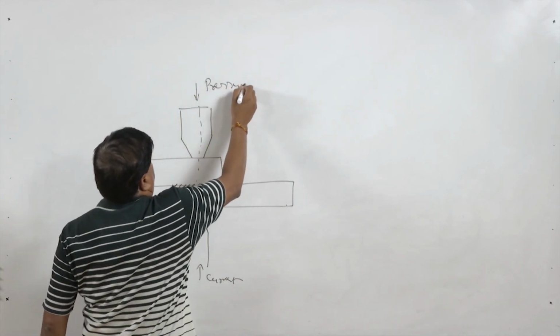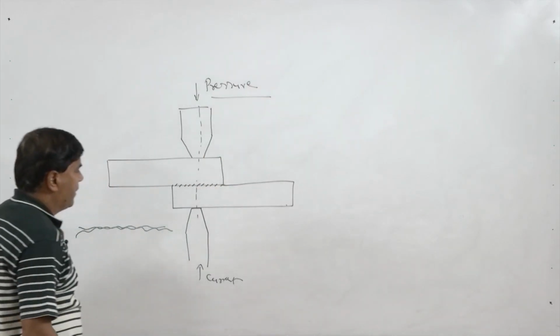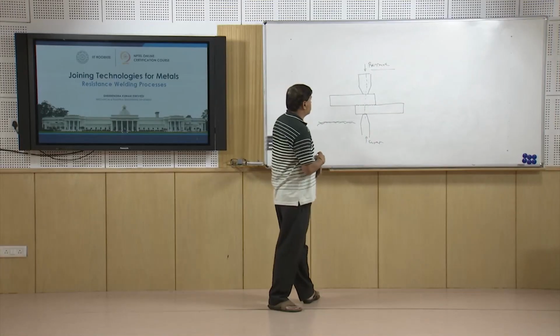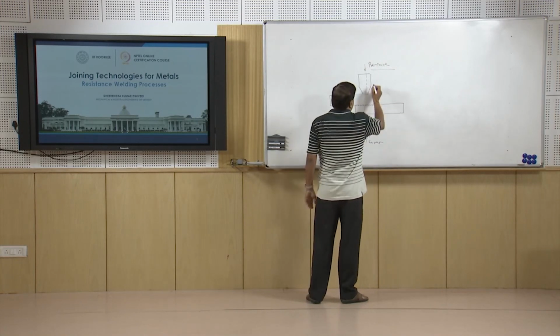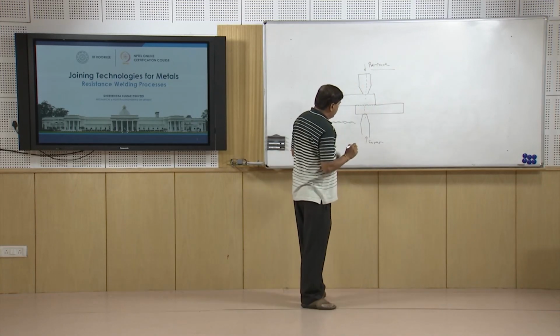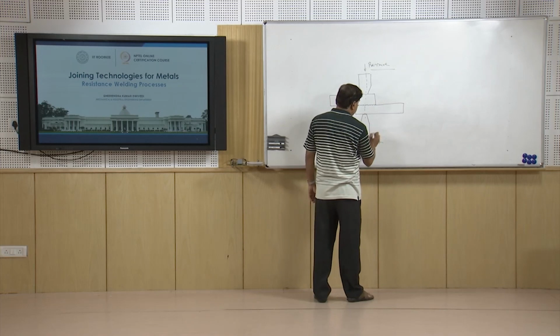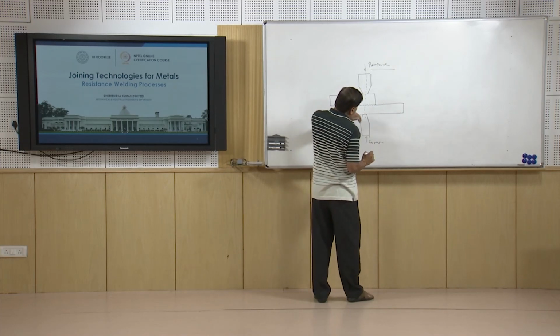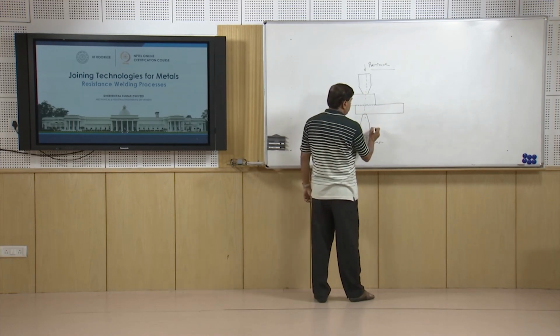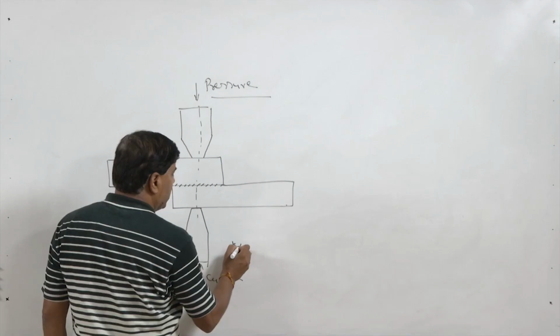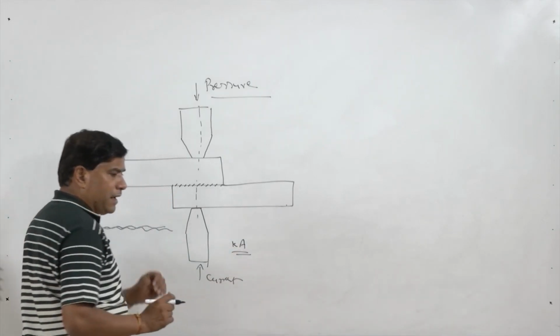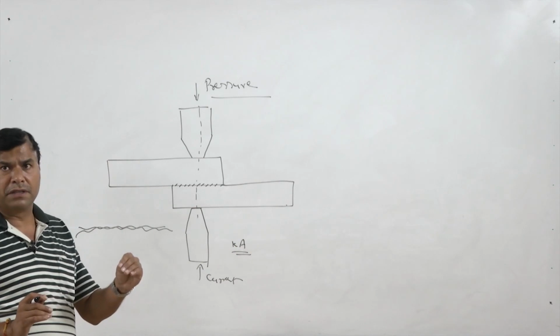These are the two purposes of using the electrodes. A very heavy current is allowed to flow through the electrodes into the workpiece. It may be in thousands of amperes, like 30,000 or 40,000 amperes.